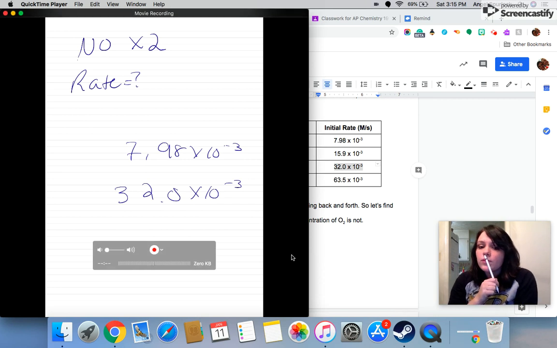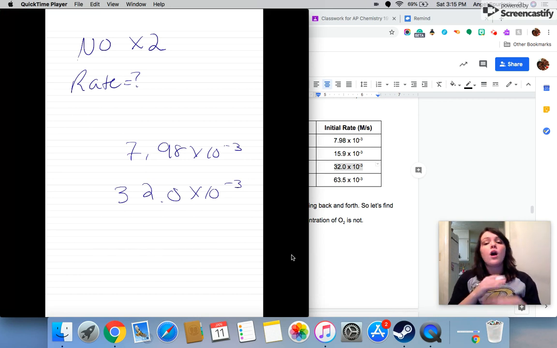Well, okay, so automatically we can see that NO is not a zero order reactant. If it was zero order, the rates between trials 1 and 3 would be the same. They're obviously not, so this is definitely not a zero order reactant.